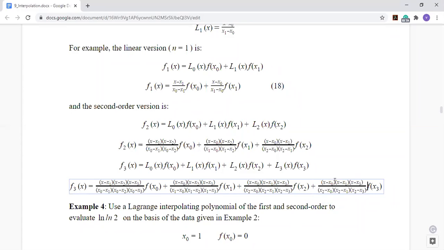But instead of x3 here, you're going to have x2 here. Then x2 here. Then here is going to be x3, x3, x3. So this is the general structure.